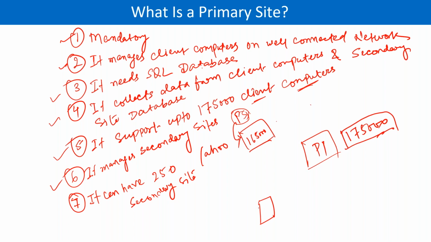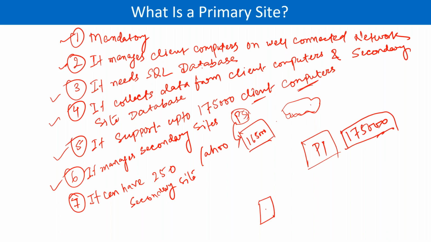SCCM client is like a small piece of software which you have to install in all the machines. Just like on your phone, in order to access a Gmail account, what will you do? You will install the Gmail client on your mobile phone. The Gmail server is somewhere in the cloud, for example.